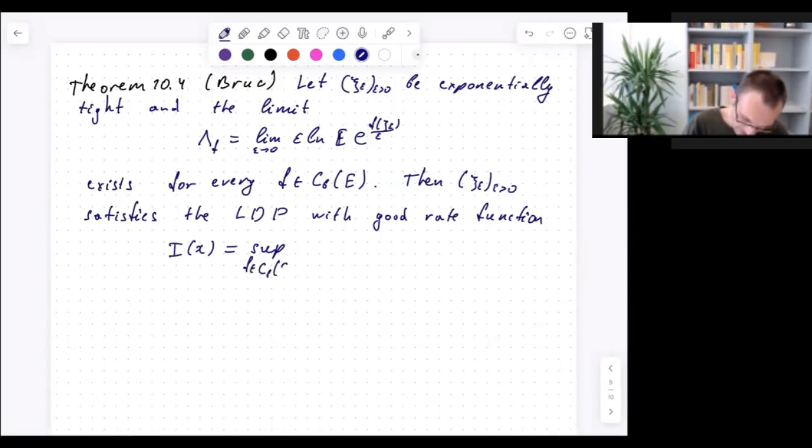It looks like the Fenchel-Legendre transform, but now instead of a linear function, you will have the function f.